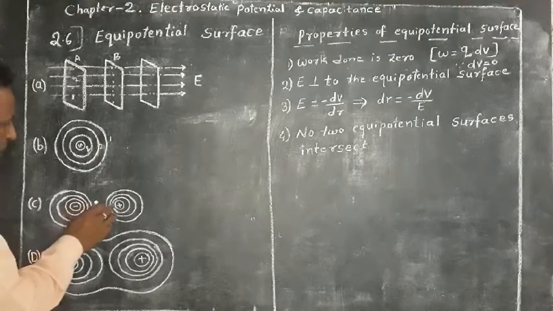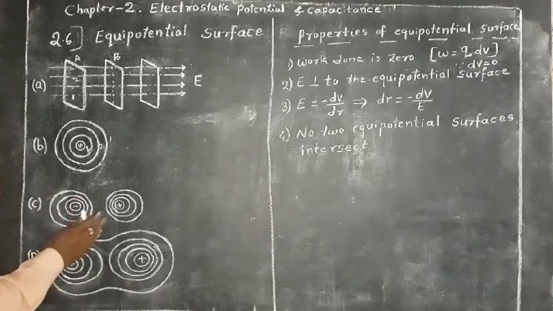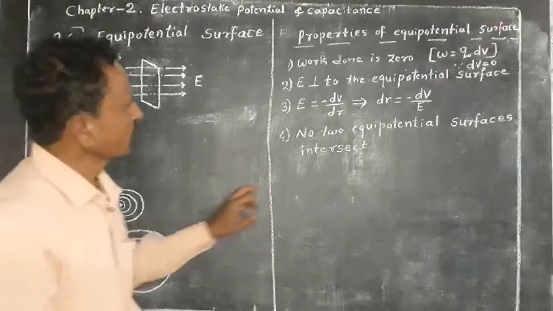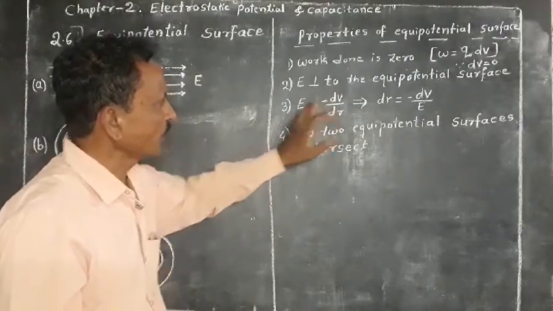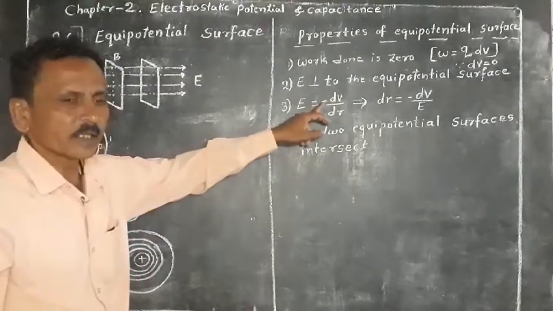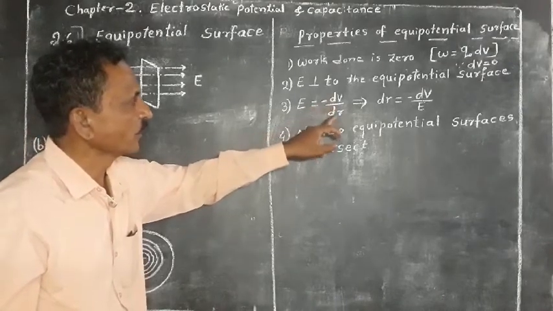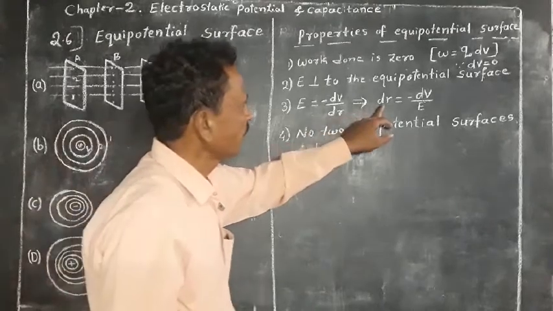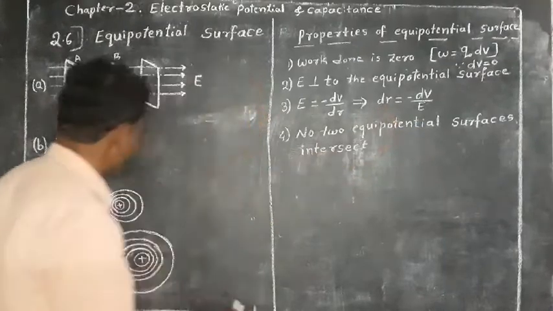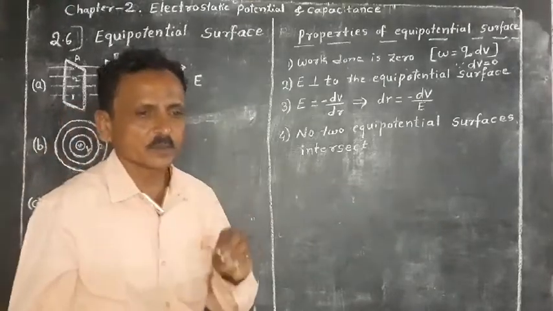Therefore, in the region of strong electric field, the equipotential surfaces are closer to each other according to the relation E equal to minus dV upon dr. Electric field can be defined as the negative potential gradient, E equal to minus dV by dr. This implies dr is equal to minus dV upon E, where dr is the spacing, the distance between the equipotential surfaces.